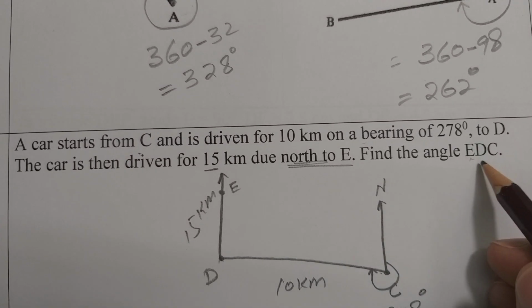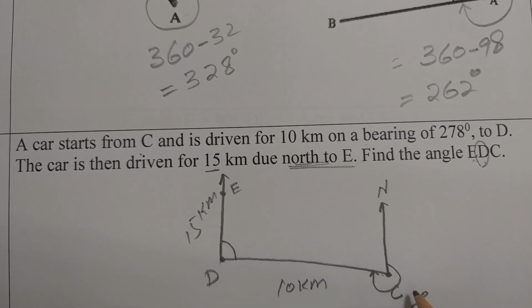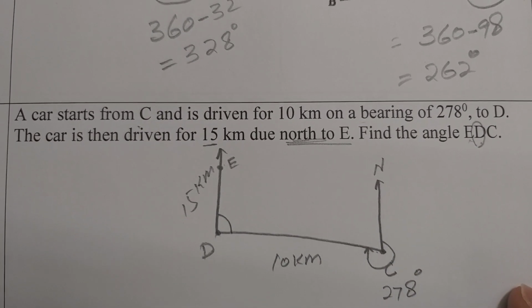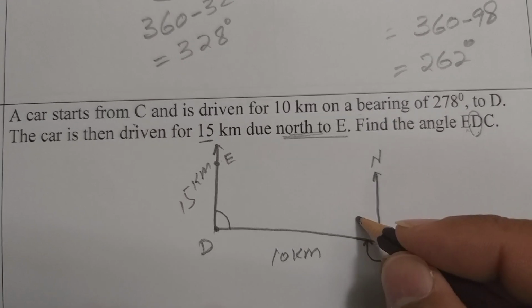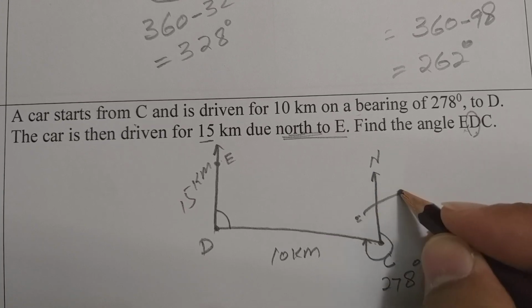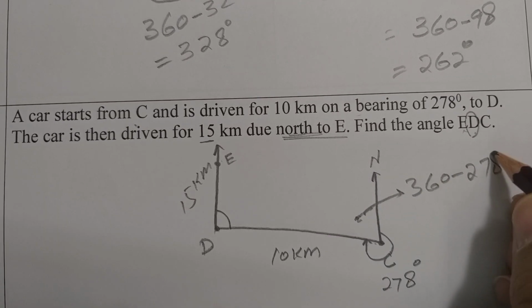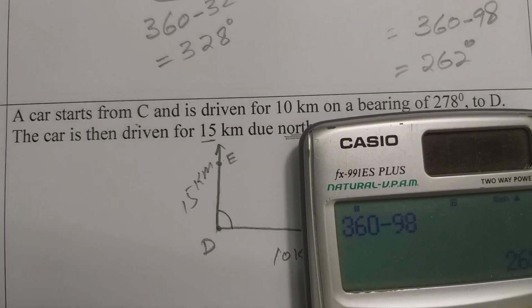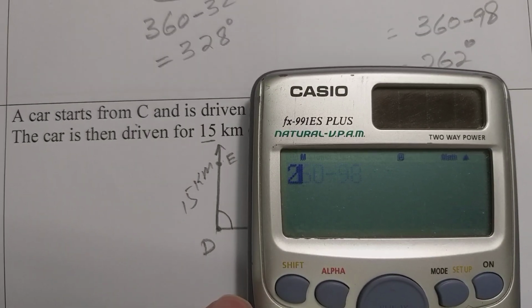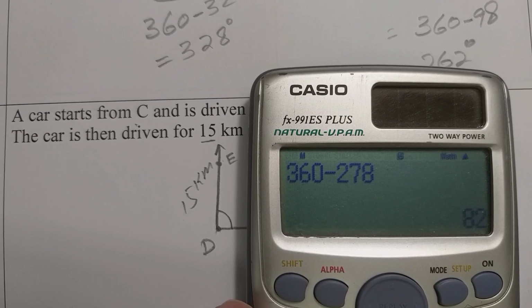So find the angle EDC. An angle always starts on the middle letter, so we need to find this angle EDC. We know the total angle around a point is 360, so we can find this angle. This angle equals 360 minus 278, which gives us 82.